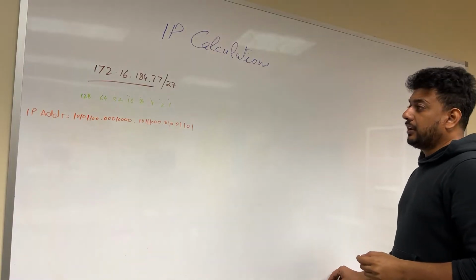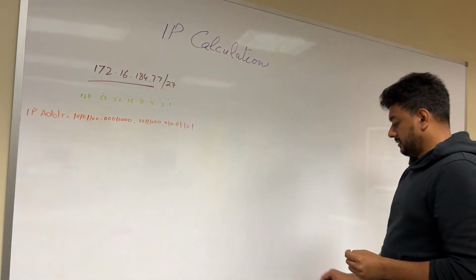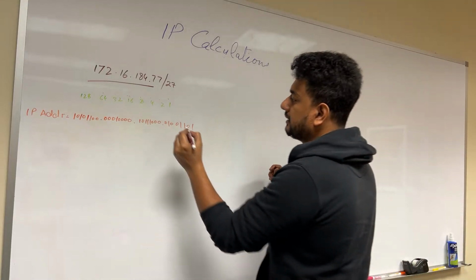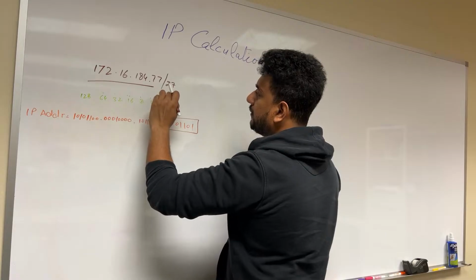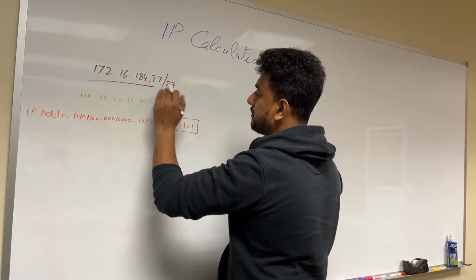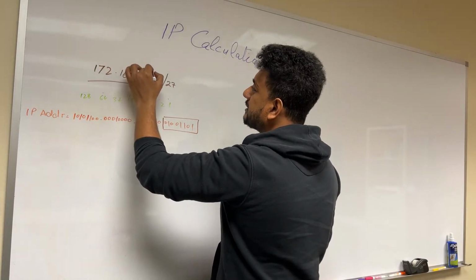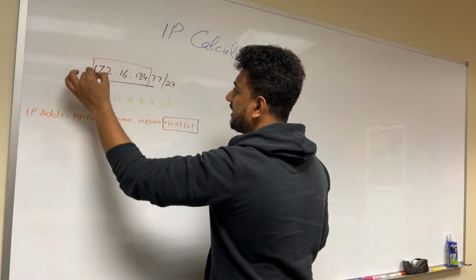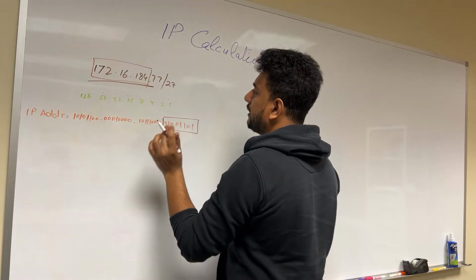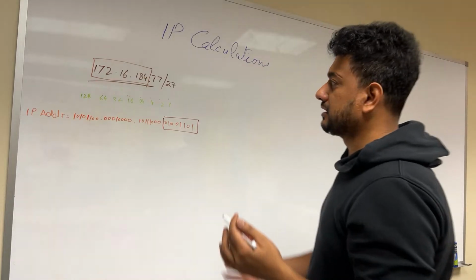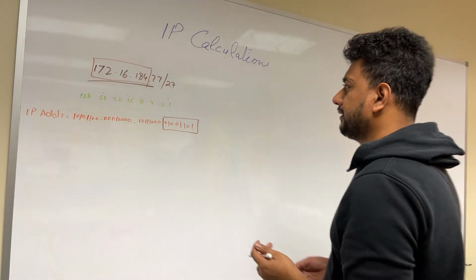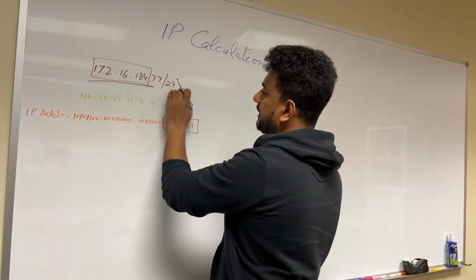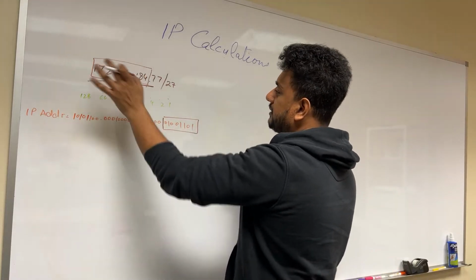Okay. Now what we're going to need is this last portion, because according to the subnet mask, this portion is going to stay the same because it's larger than 24. Most people understand that if the subnet is 24, you cannot change this portion.